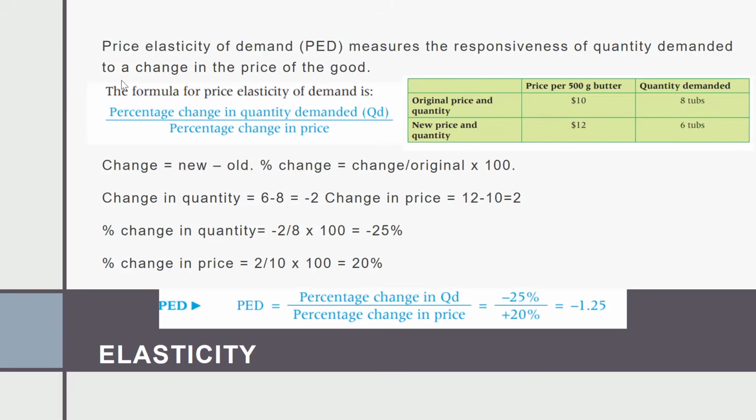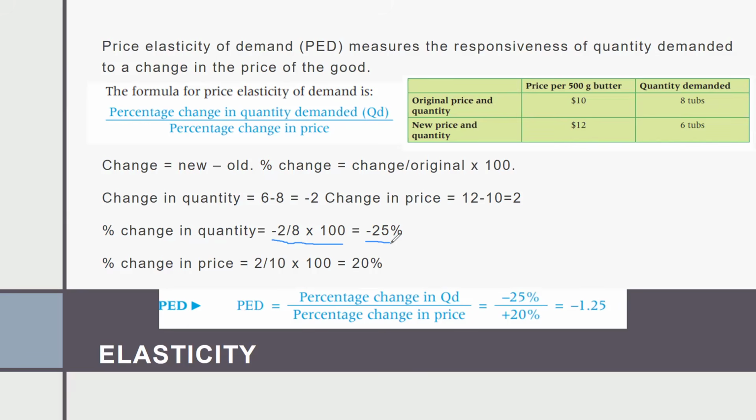What is the original demand? 8. That's how I got -2 divided by 8 multiplied by 100, and that gave me the percentage change in demand.